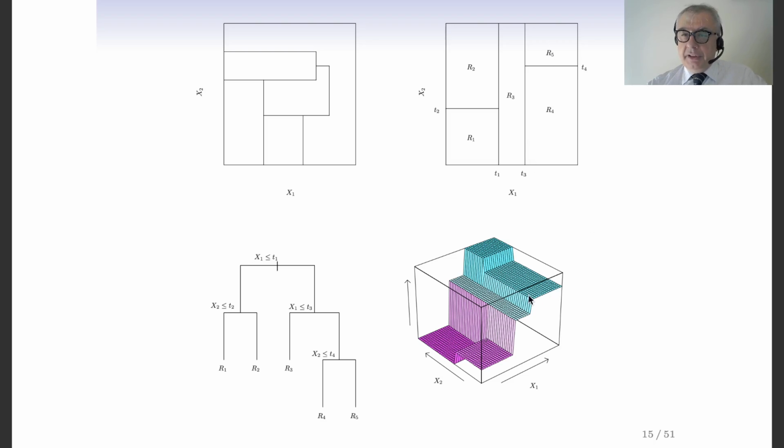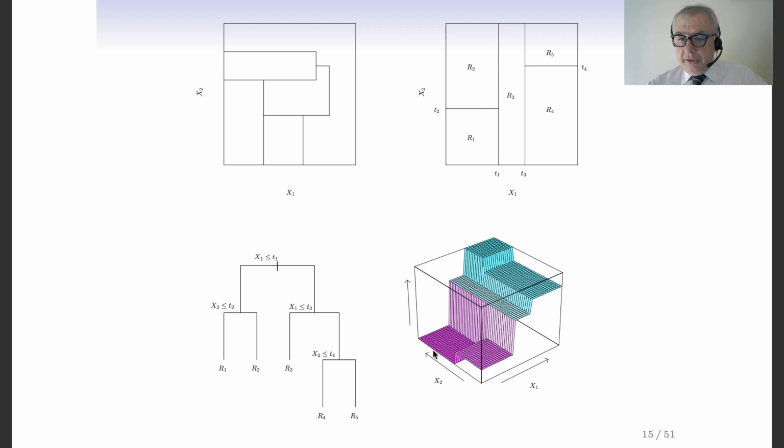And it is very nice also to look at this three-dimensional representation, because here you can see the function that you are estimating. So the idea is that in each of these regions, the response prediction is given by the average of the observations that fall within that region.